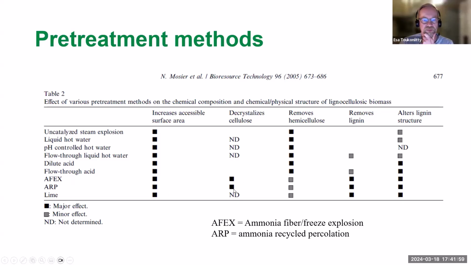Only some decrystallize cellulose, so the ammonia fiber freeze explosion and also ammonia recycled percolation. The difference with this is that the ammonia fiber freeze utilizes concentrated ammonia, and this lower one uses an aqueous solution, which is much less concentrated.